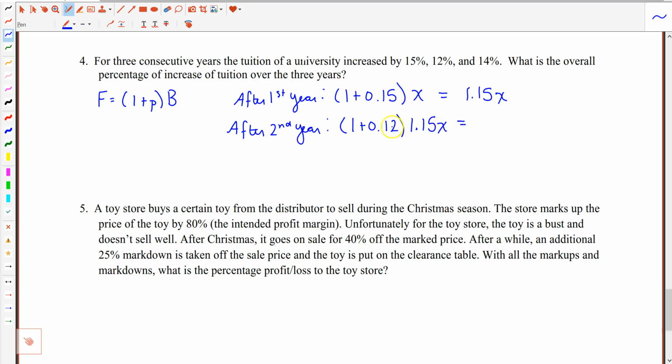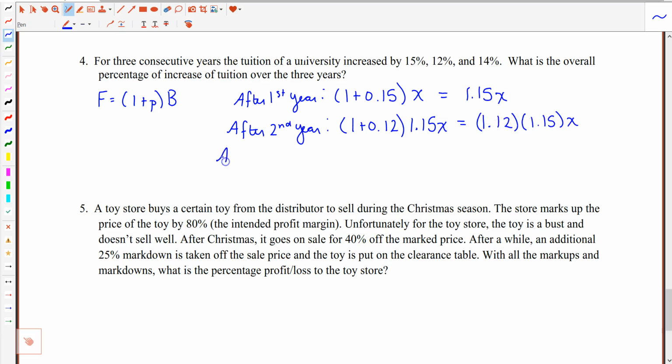Now I'm going to clean up what's inside the parentheses here. So I would get 1.12, and then I'm going to multiply that by 1.15, and then my x. I'm purposely not going to multiply this stuff out right now so we can see a pattern of what's going on here. So this represents first doing a 15% increase, and then on top of that, doing a 12% increase.